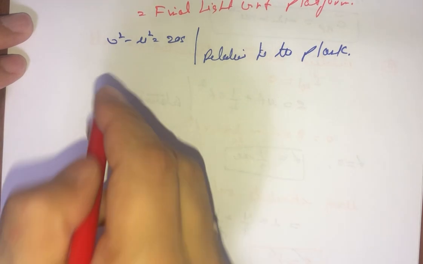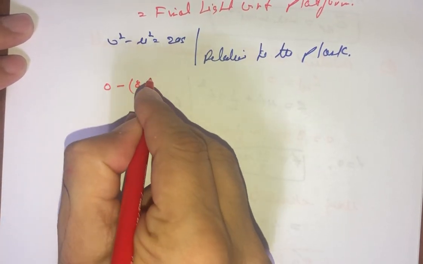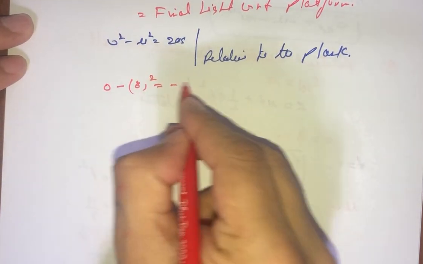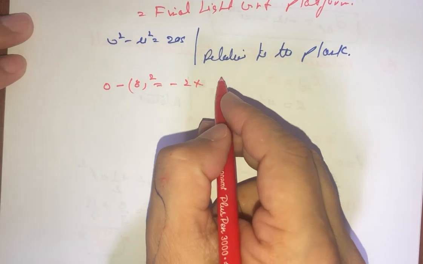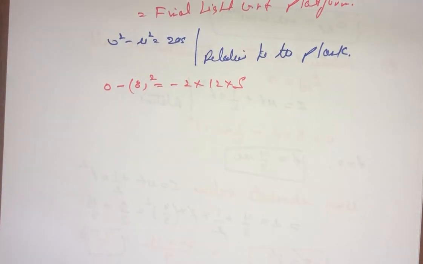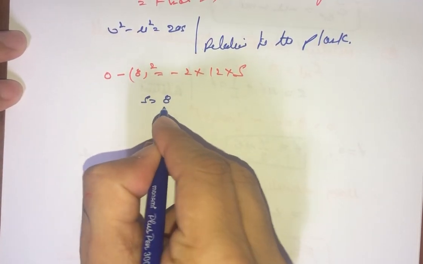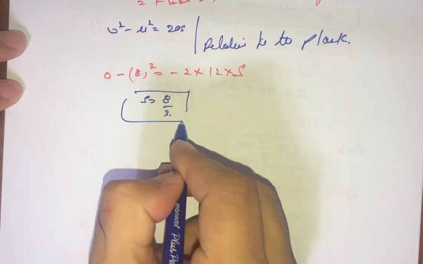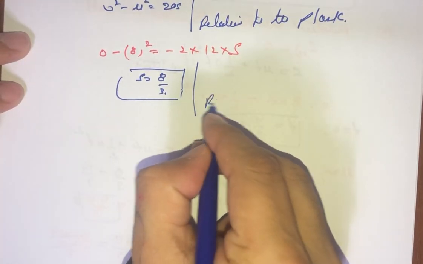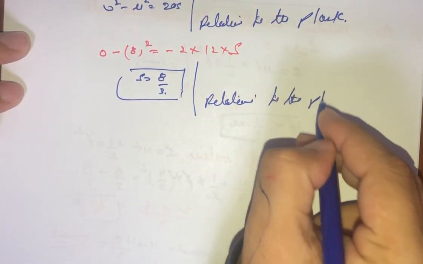So we put the values. This will be 0 minus 8 square equals 2 into minus 12 into s. So we find that s will be equal to 8 by 3, but this is relative to the platform.